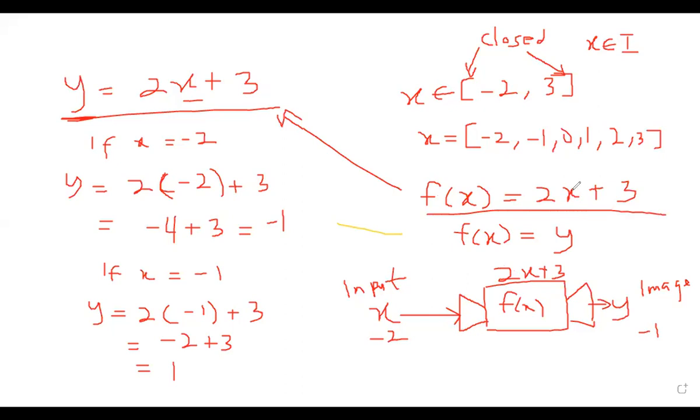f of x is equal to 2x plus 3, or sometimes we write it like this: f operates on an input x and then produces an image y. So this is another way in which functions are denoted.